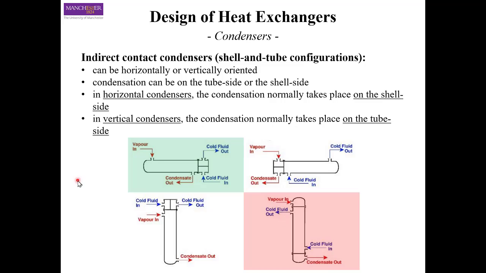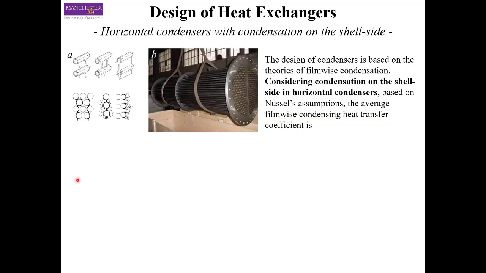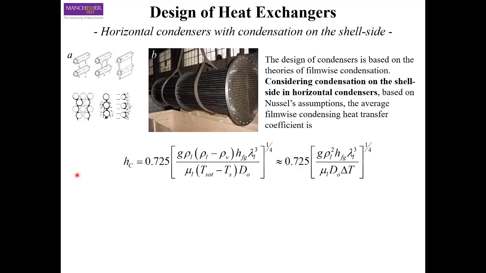So let's have a look at how we can develop the design equation for a horizontal condenser. Let's assume that the condensation is happening on the shell side of the exchanger, and if that is the case, it is very likely that you are going to have film-wise condensation on the outside of the tubes. In that case, we can write the average condensing heat transfer coefficient by using the Nusselt equation, which is given here.